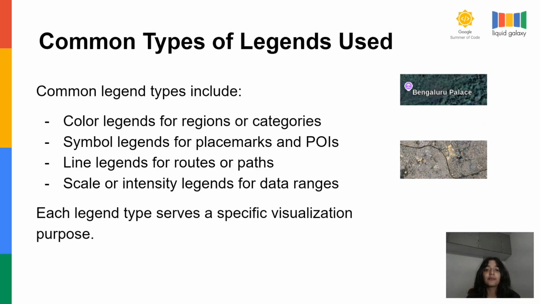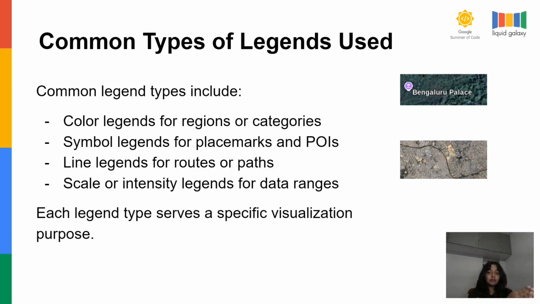Line legends used for route visualization. Dashed line equals proposed line. Solid line equals existing route. Scale legends used in heat maps or statistical data.